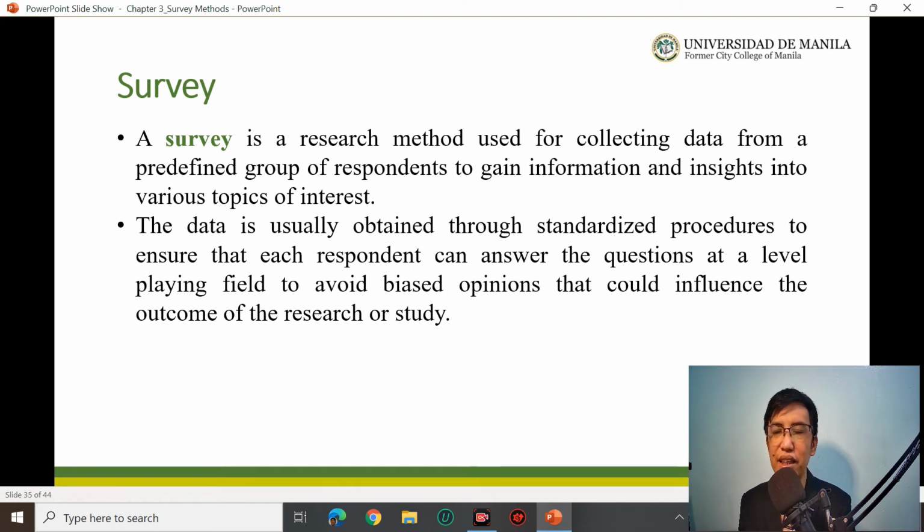Kaya nga inaaral natin the different survey methods including the sampling techniques, because ito yung iniiwasan natin, biased opinion, which could influence the outcome of the study.